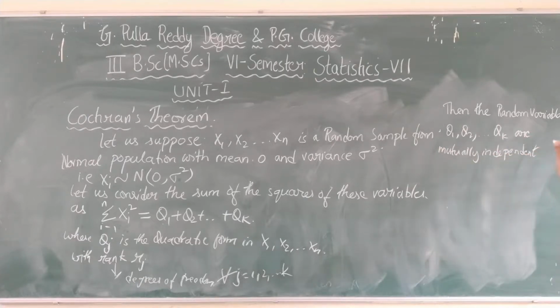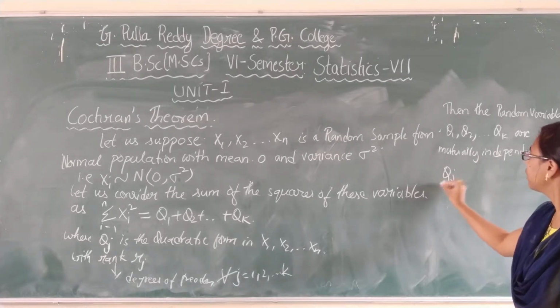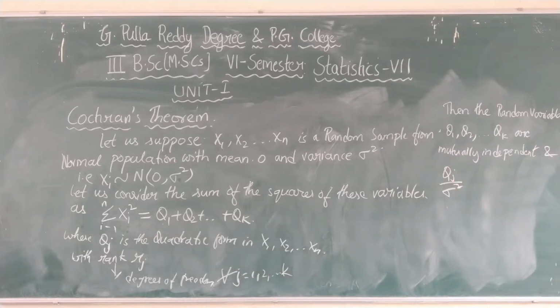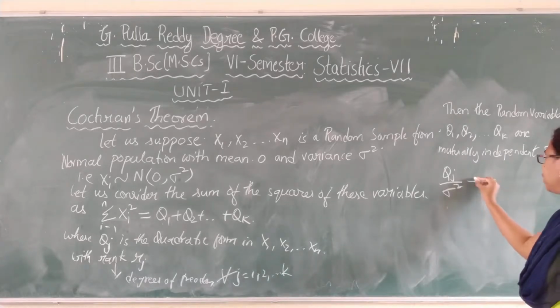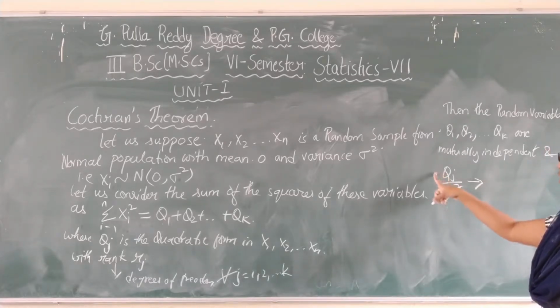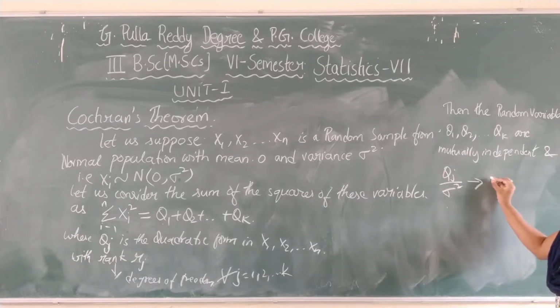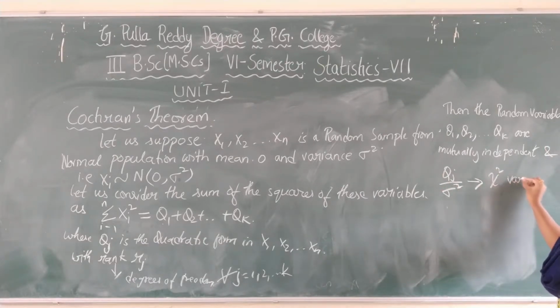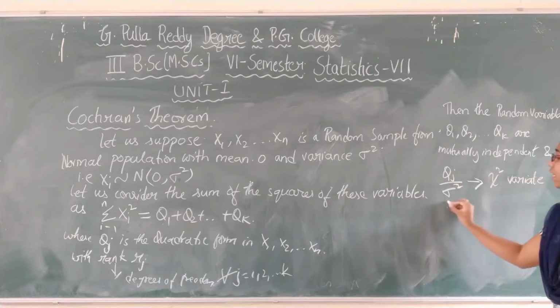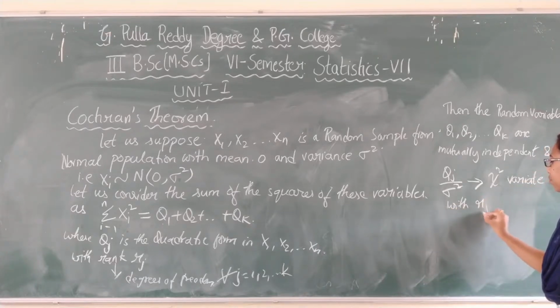These are quadratic form random variables, and we consider the ratio of Qj by sigma square. Qj is the jth quadratic form and sigma square is the variance. So this Qj by sigma square is a chi-square variate. Whatever value we are getting, that is Qj by sigma square, is called a chi-square variate with Rj degrees of freedom.